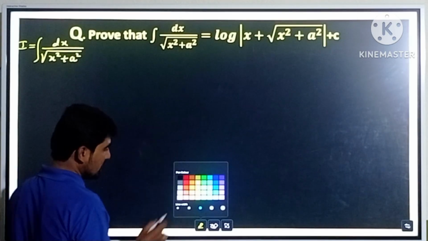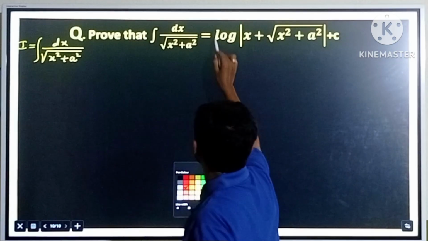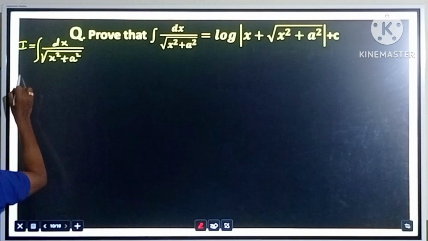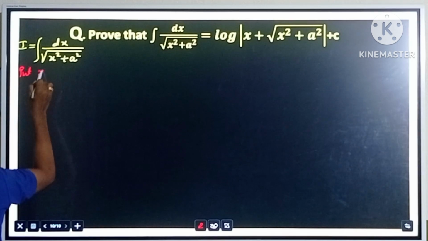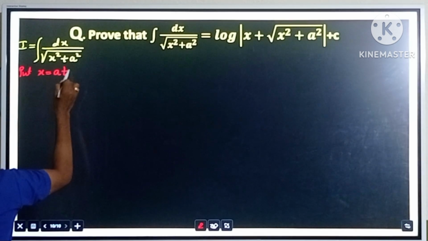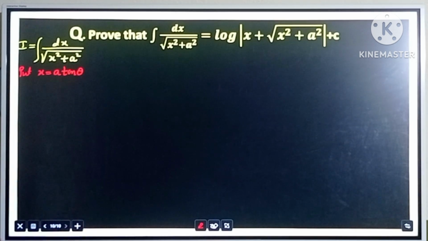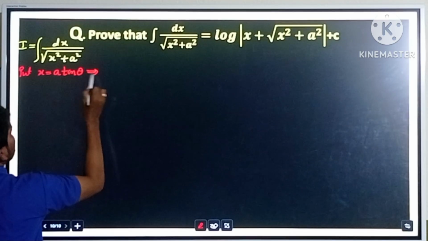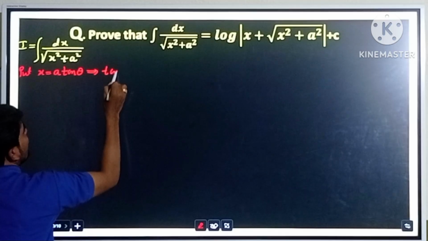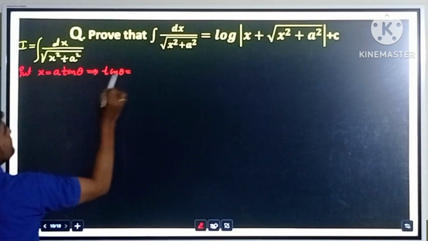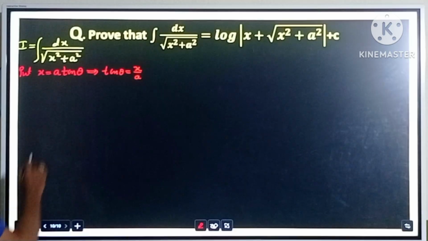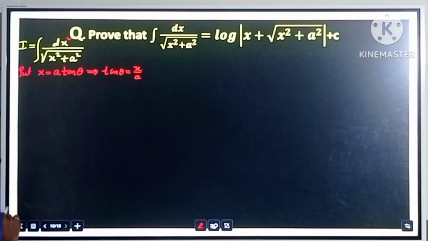So to prove this, I am going to take the value of x. See, x equals to a tan theta. I am going to substitute the value of x as a tan theta, which implies tan theta is equals to x by a. We need to integrate with respect to x.